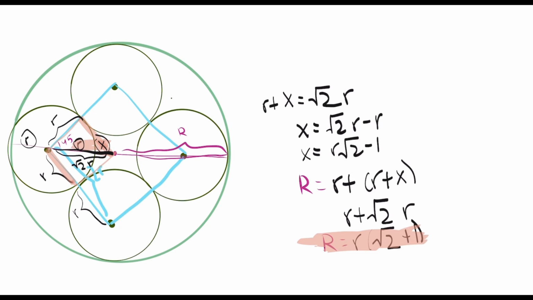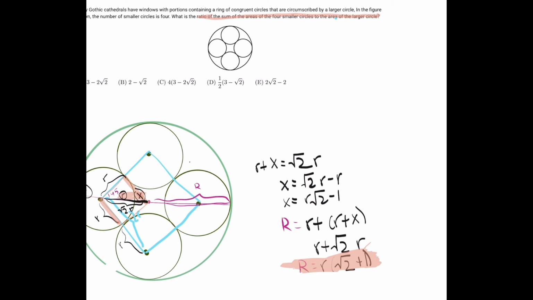Okay, so what we're solving for is the ratio of the sum of the areas of the 4 smaller circles to the area of the larger circle. So that's 4 lowercase r squared over uppercase R squared.